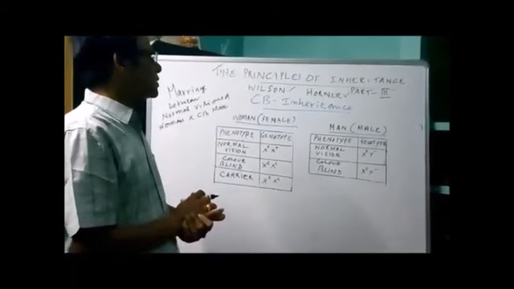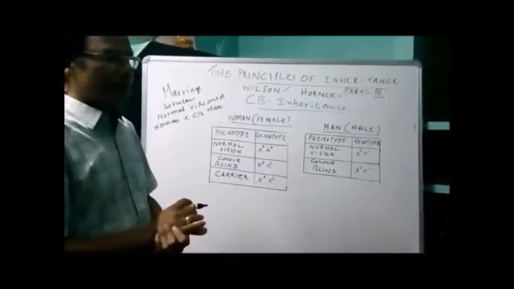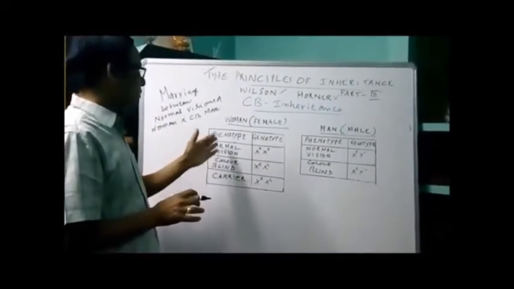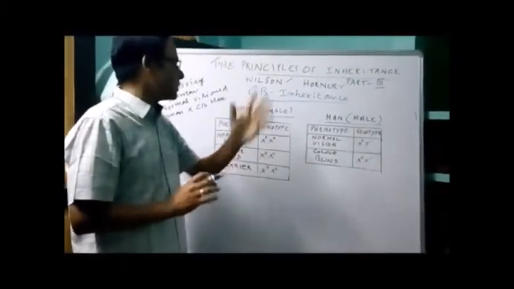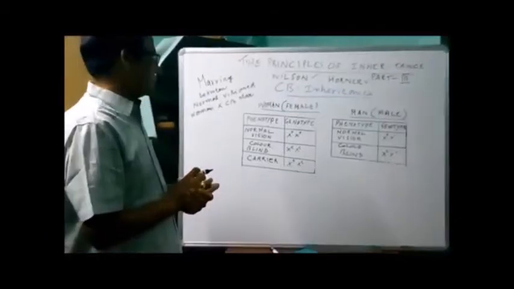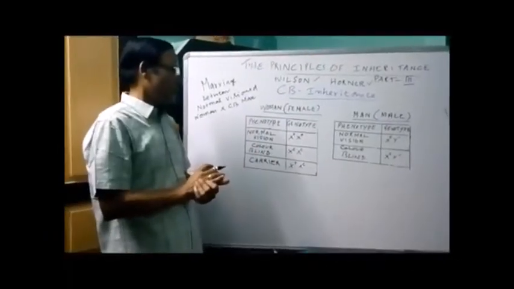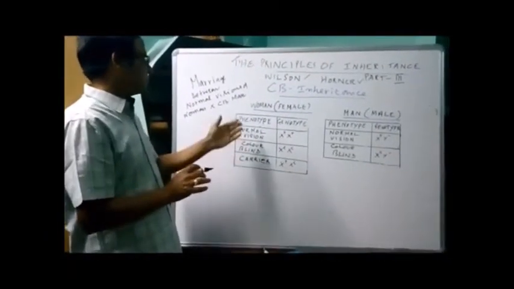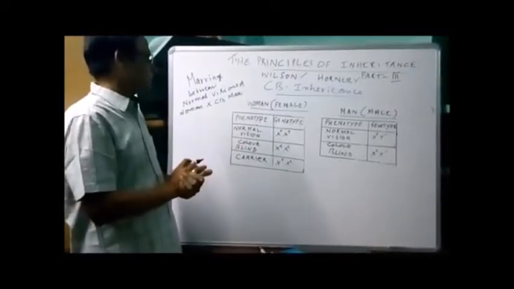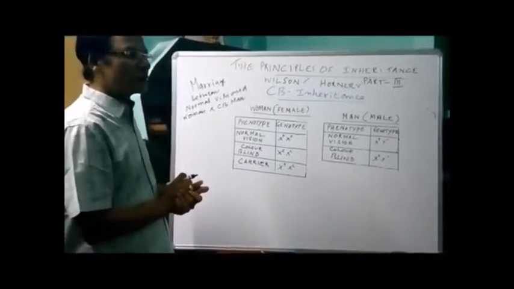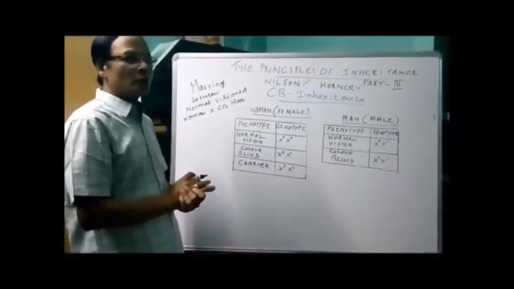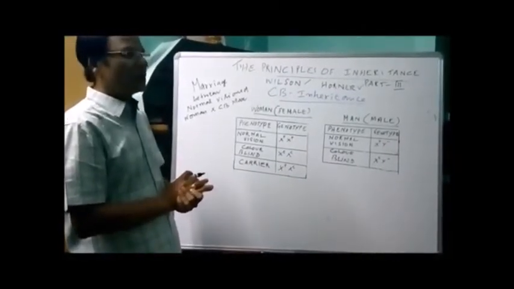To know the inheritance of that character, we have to know the phenotype and genotype of both female and male, that is women and men. Here I have given the chart. As far as the female is concerned, they are either homozygous dominant, homozygous recessive, or heterozygous.